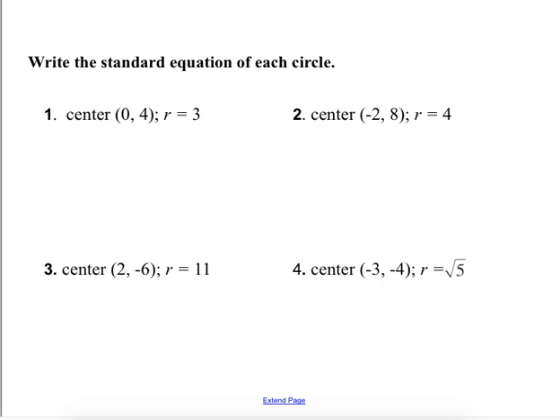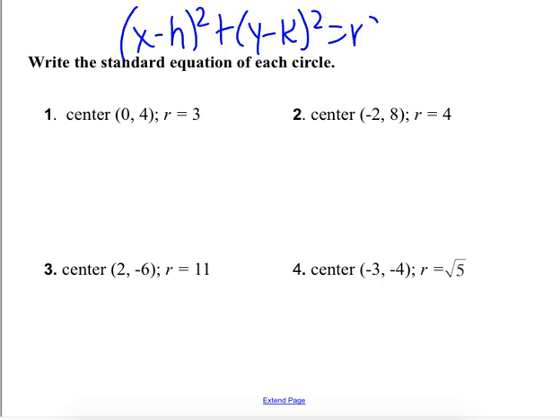Write the standard form of the equation of a circle. So we're given a center of (0, 4) and a radius of 3. So up here, I'm just going to write this real quick. I'm just plugging in x.